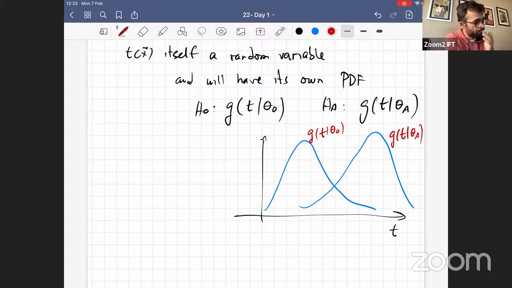And so what you can do here is to reject or accept your null hypothesis depending on the value of t. So here, let us talk about the significance of the test.